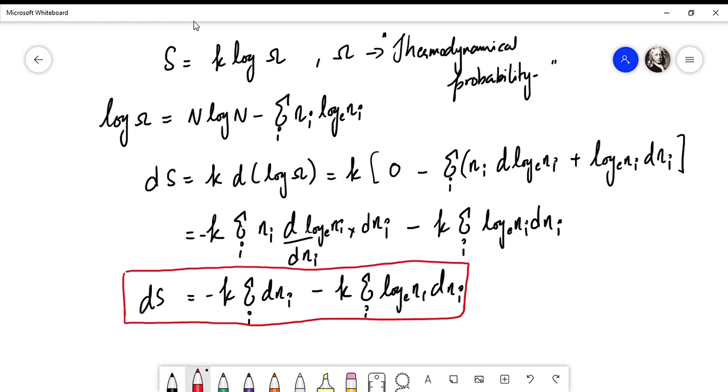Now, as we know, we've already found out the distribution function, right? Boltzmann's distribution function, where ni was n times e to the minus alpha minus beta Ei.